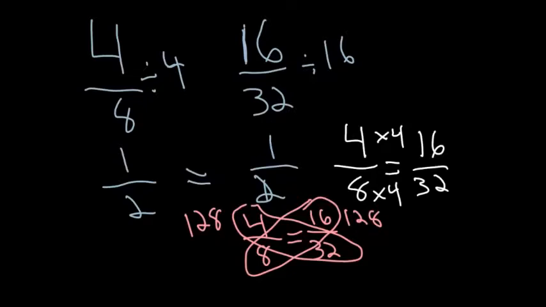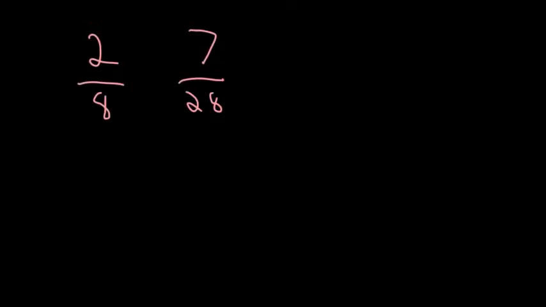So let's explore a couple more of those. Alright, so we have 2/8 and 7/28, and we want to know if they're equivalent. Now looking at this, it's not easy to multiply 2 and get 7. You can do it, but for a lot of people that doesn't come intuitively. So here we can either reduce them or we can cross multiply.